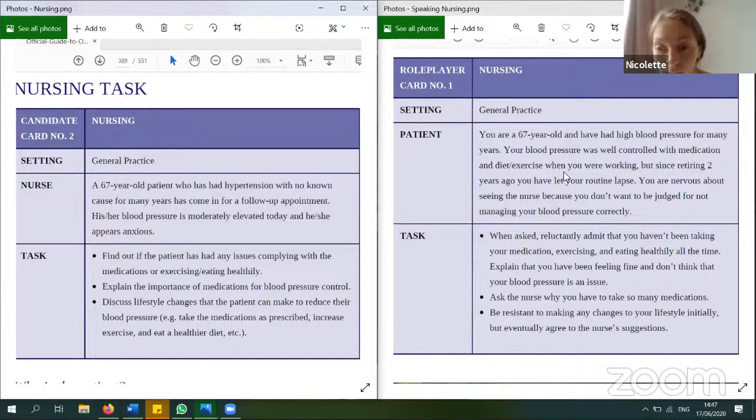When asked, reluctantly admit that you haven't been taking your medication, exercising, and eating healthily all the time. Explain that you have been feeling fine and don't think that your blood pressure is an issue. Ask the nurse why you have to take so many medications. Be resistant to making any changes to your lifestyle initially, but eventually agree to the nurse's suggestions. I think you can do this. Right? Okay, let's start. Good luck. Thank you.